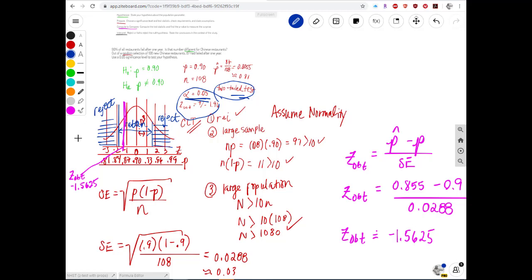There is 2.5% alpha on the left side, and 2.5% on the right side. So if we're looking at this z obtained, we need to see how much is to the left of that z obtained and compare it not to 0.05, but to 0.025.